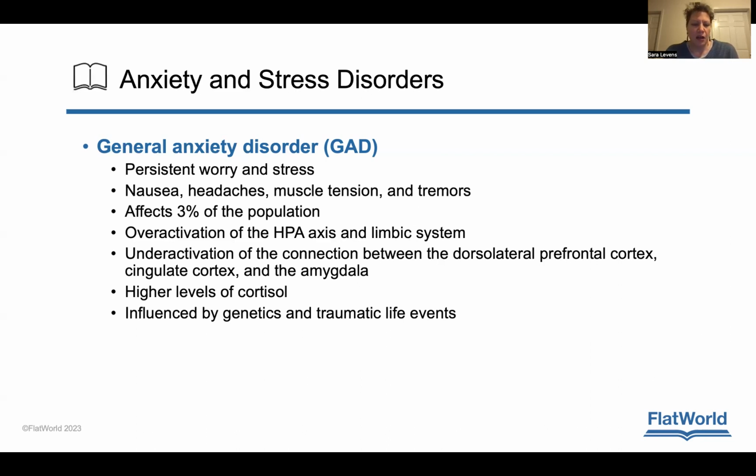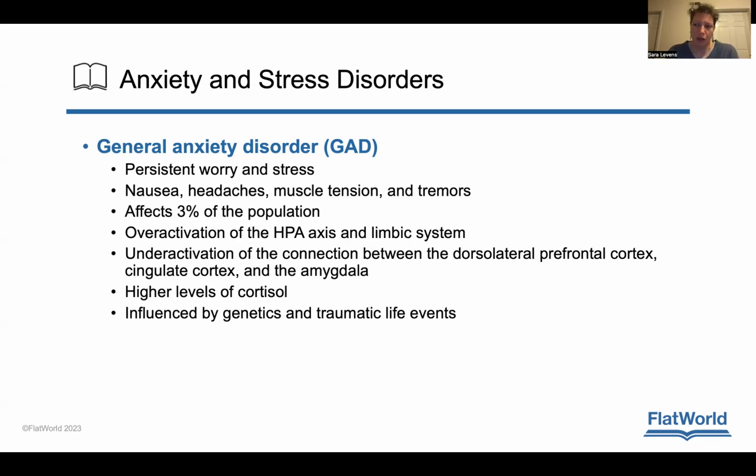And structurally, this is represented by underactivation of the connection between the dorsolateral prefrontal cortex, cingulate cortex, and the amygdala. Thinking about these areas that are involved, the amygdala is going to respond to stimuli, and it's particularly responsive to fearful stimuli.